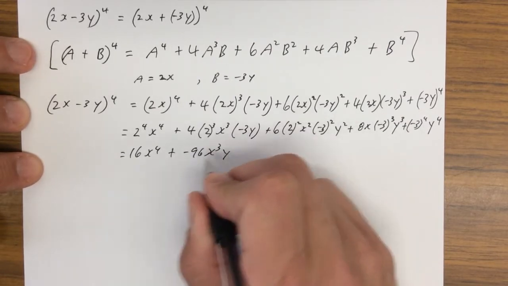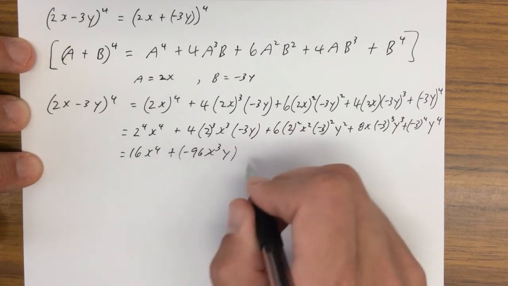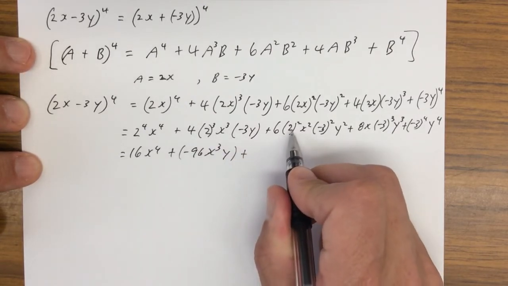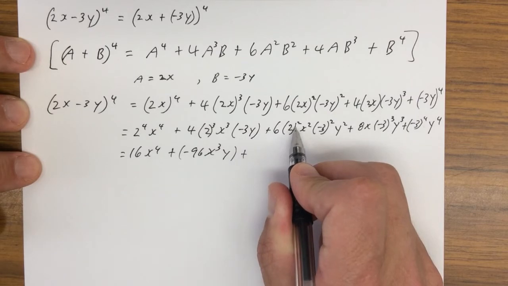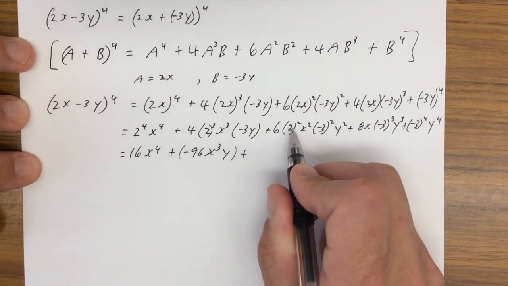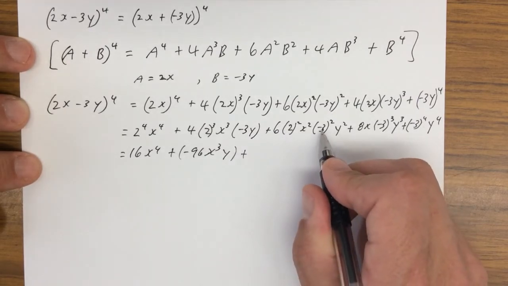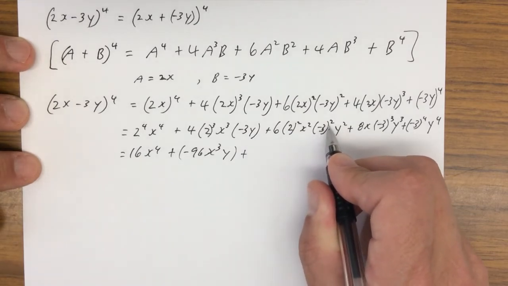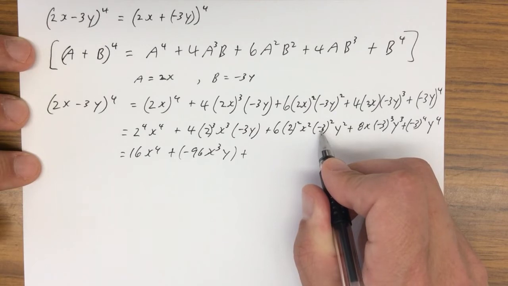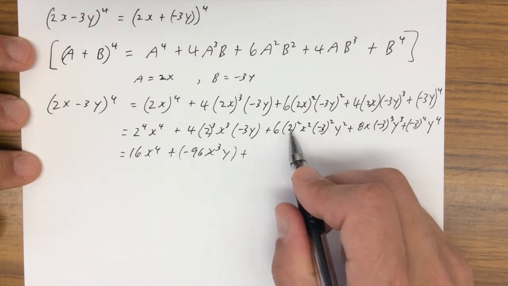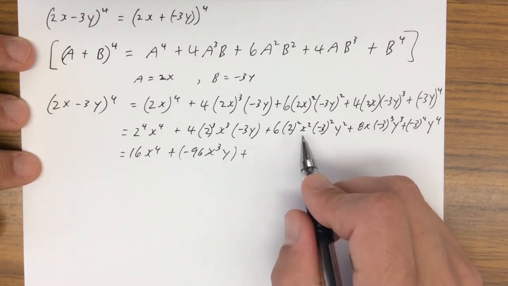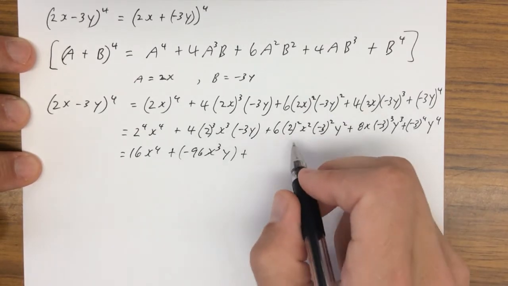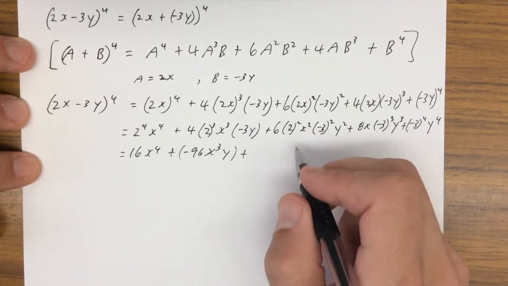And then, so I'll put that in brackets there because plus a negative. Then it's plus 6 times 2 squared. 2 squared is 4. So 6 times 4. And then negative 3 to the 2. Well, negative 3 to the 2 is going to be positive 9. So 6 times 4 times positive 9. Okay, and that's going to be 216.